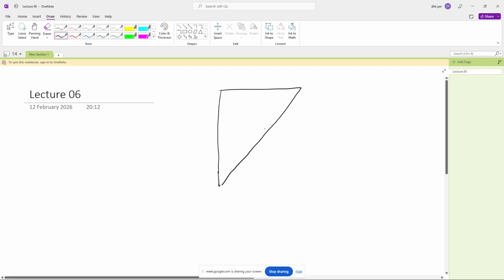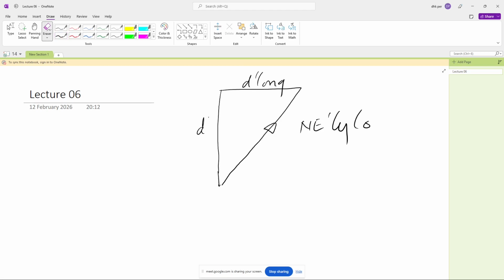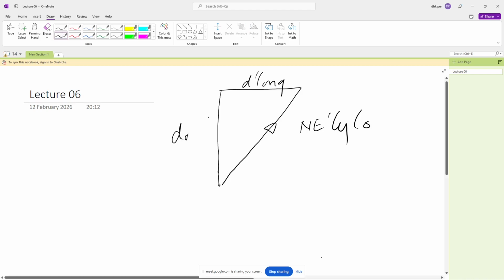If you're going on a northeasterly course, then this is going to be your D long, and this is going to be your DMP, the difference of meridional parts. I think I shared the meridional parts.